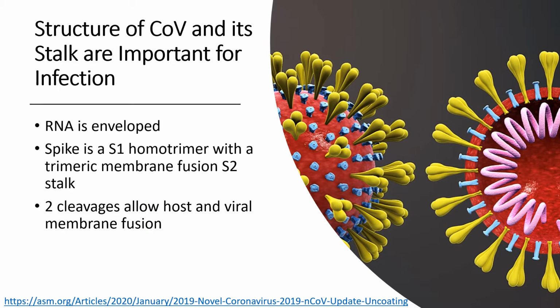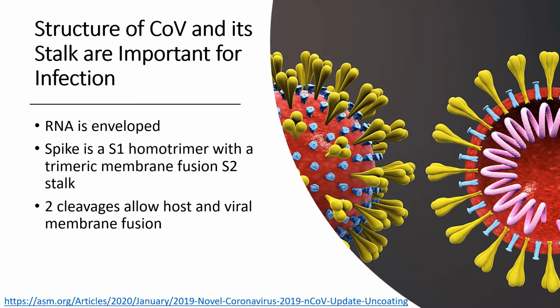So now I'm going to talk about the structure of the coronavirus. The rest of this is stuff you guys may not know. It's not been in the news as much. In the picture, the coiled pink on the inside is the RNA, and it's covered by the red, which is the envelope, because this is an enveloped virus.